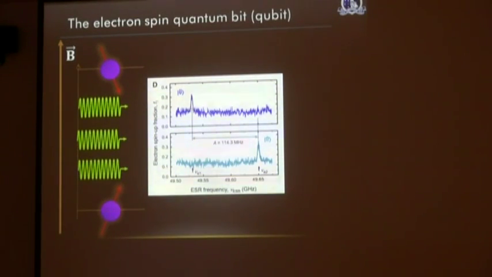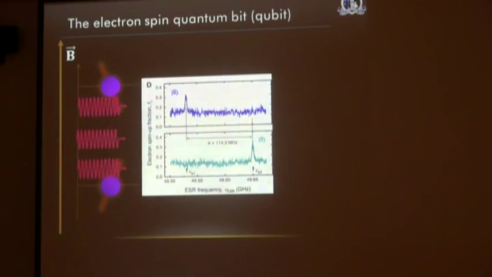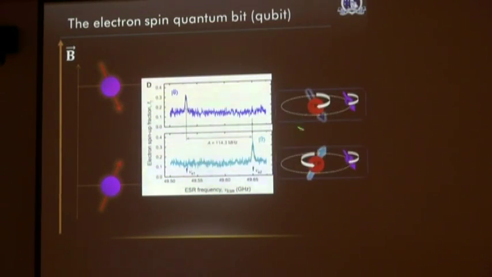But my sage colleague said, "Don't forget, the electron is orbiting a nucleus." And what we've just seen is the nucleus spin flip from the down position to the up position, and the magnetic force between the nucleus and the electron has changed the resonance frequency. So in other words, not only were we reading out the electron spin orientation, we were reading out the nuclear spin orientation at the same time.